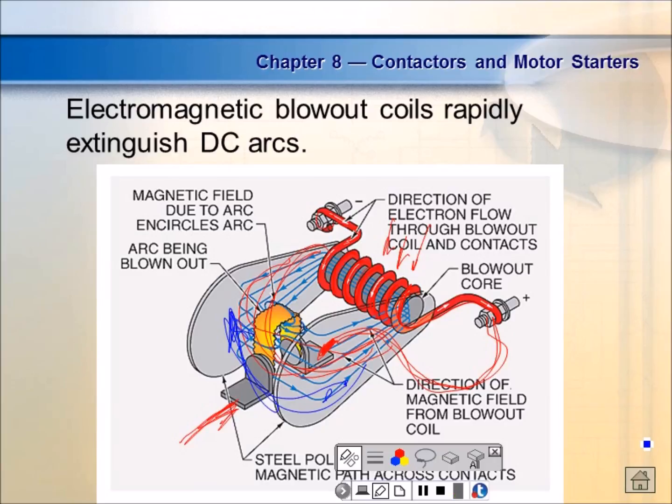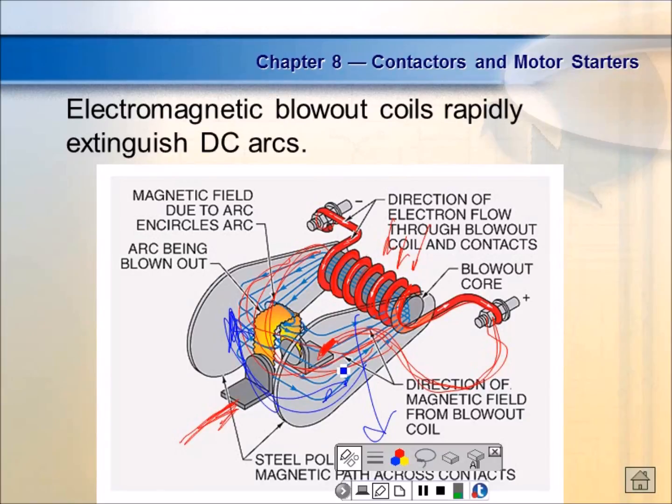And these things, when you get into big, heavy current DC, you're going to see these things all over the place. We had one more time where one of the plates fell off. And so as soon as that plate fell off, then there was no path for the magnetic field to get through the arc. And it was on a crane. Big old DC crane.